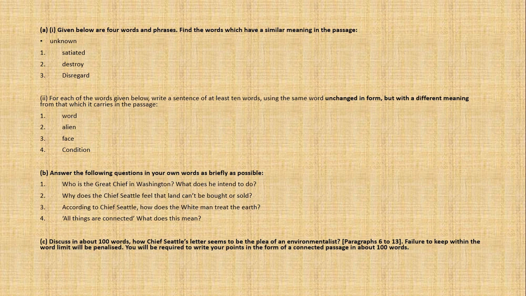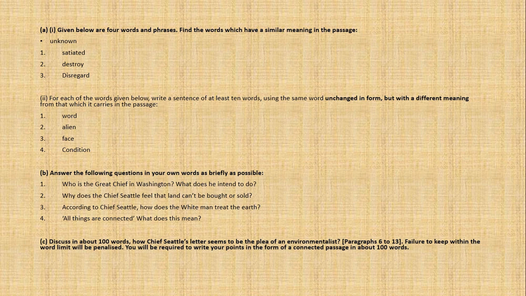How will this help in your day-to-day life? For each of the words given below, write a sentence of at least 10 words using the same word unchanged in form but with a different meaning from that which it carries in the passage.